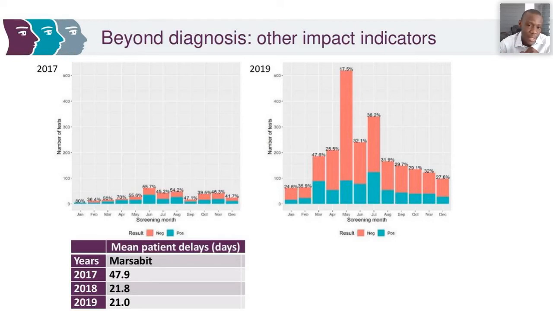But despite the increase in the number of cases, you can clearly see that the mean patient delay, that's the time from onset of symptoms to treatment, is gradually reducing. In 2017, it was 47.9 days. In 2019, it is 21 days.